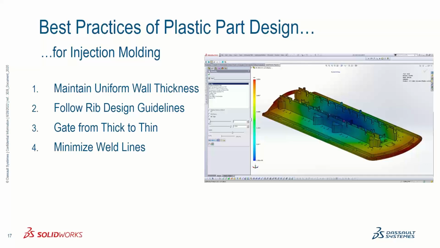The number one best practice: maintain uniform wall thickness. We will get into more detail on each of these in the coming slides. The second is to follow established guidelines for rib designs, number 3 is whenever possible, always gauge from thick to thin region, and number 4 is to minimize weld lines.